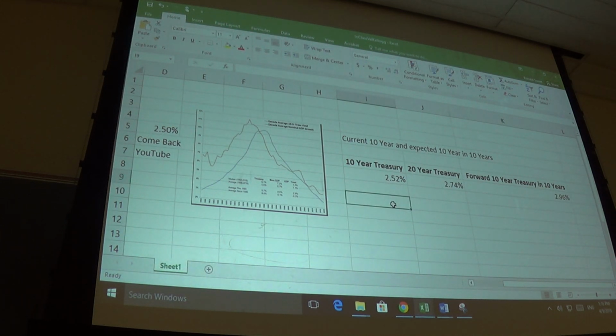So what does that mean? You have $1,000 and you invest it at 1.0252 for 10 years, and then you reinvest it at 1 plus 2.96 for another 10 years.